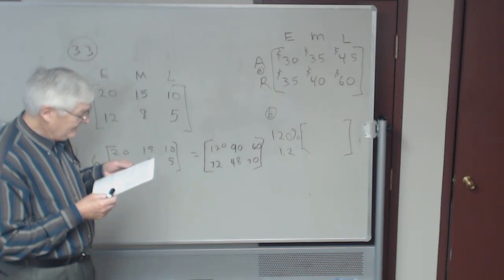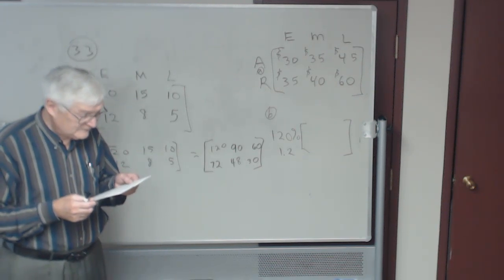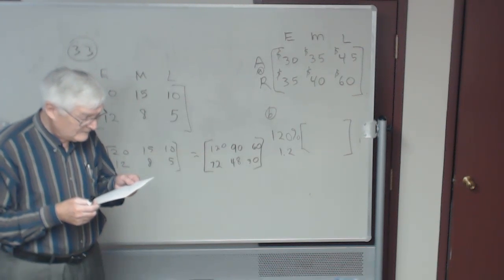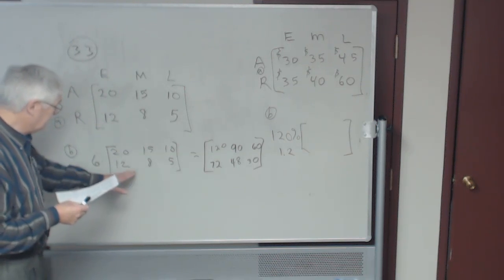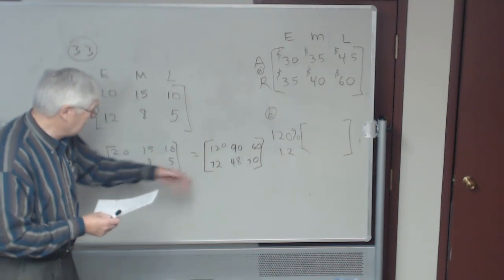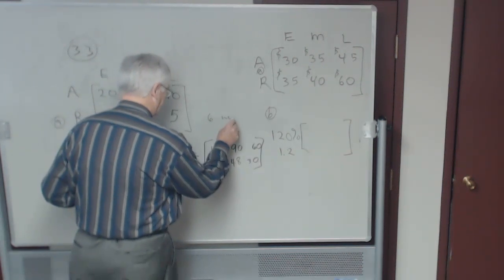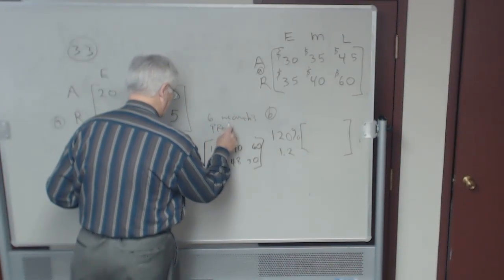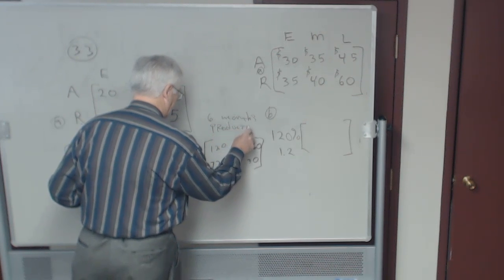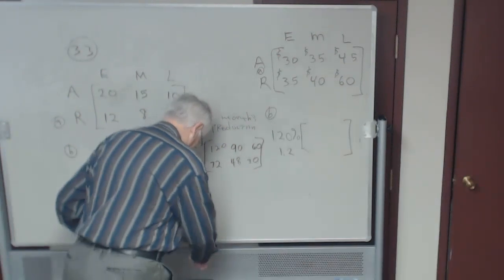Number 35, at the end of 6 months, they've sold, oh, this was 6 months. Okay, this is 6 months production, isn't it? I'm going to erase this over here.